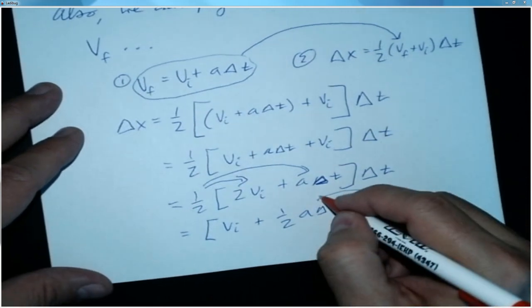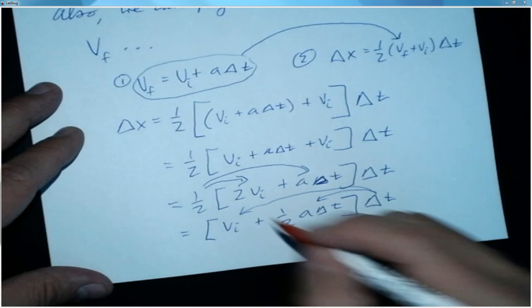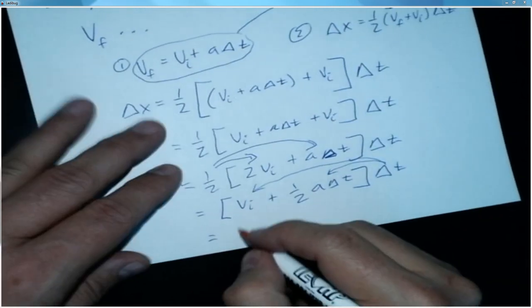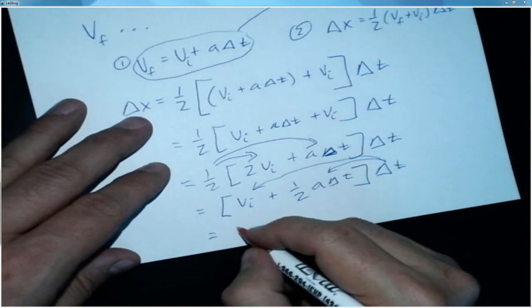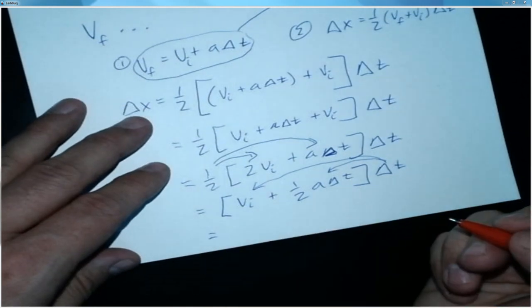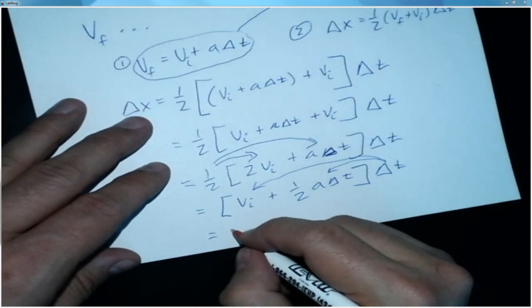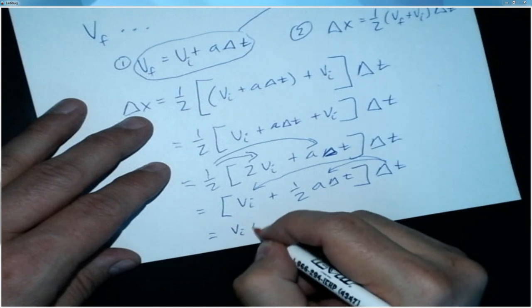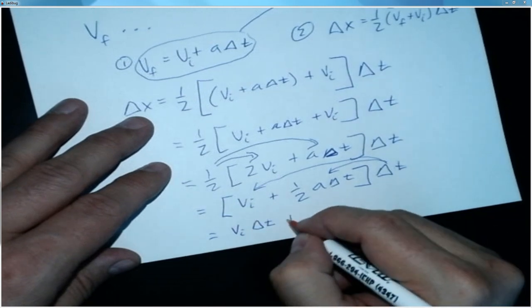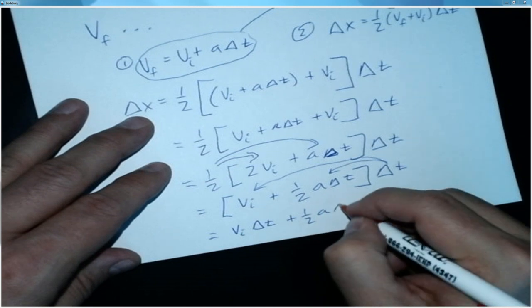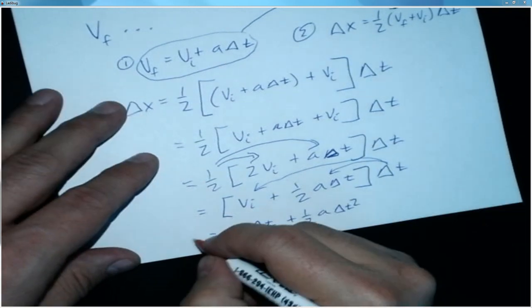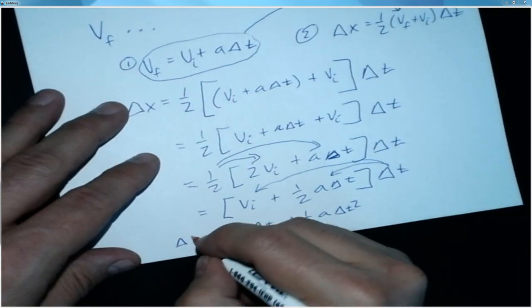So if I distribute my delta t in, oh, that is just beautiful. Oh my goodness. So that is V initial delta t plus 1/2 A delta t squared. That's the change in distance.